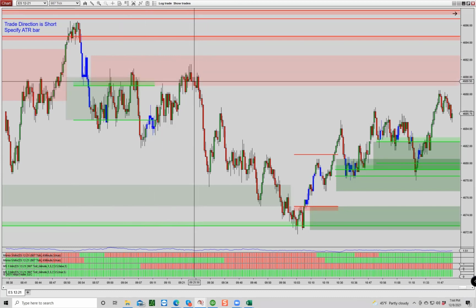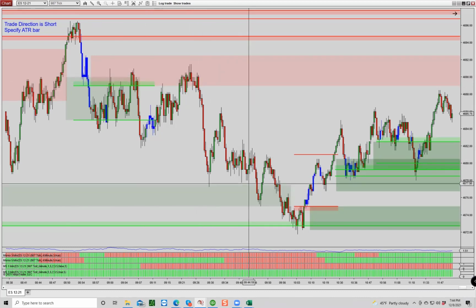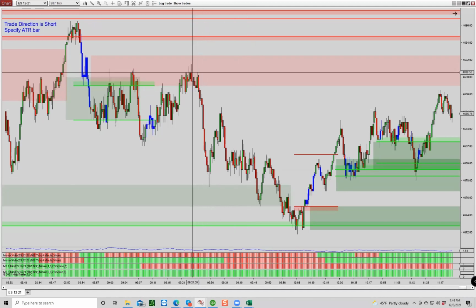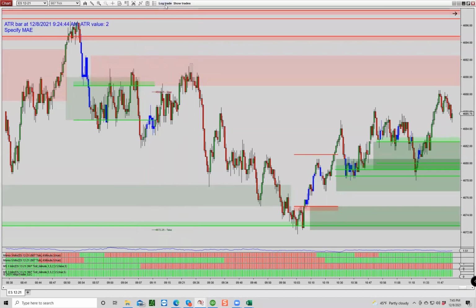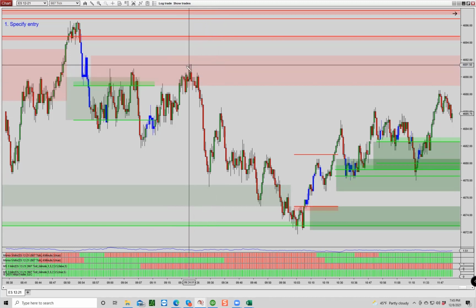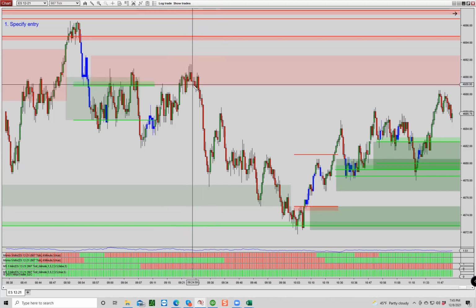Say for example, right here, once this zone is taken out, could I know now that my next zone is 6 ATRs away? And then when I'm doing a big backtest, I could go through and look at it to say, and I'm just making stuff up, look, I'm just flying off the cuff here, guys: when I have 2 trends in my favor out of the 4, and I have a 6 ATR move between my zones, my chances of winning that trade are X. And then I would know, all right, at this spot here, I have a 50% chance of making $3 if I risk 1.